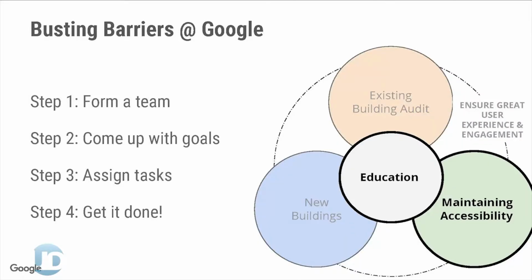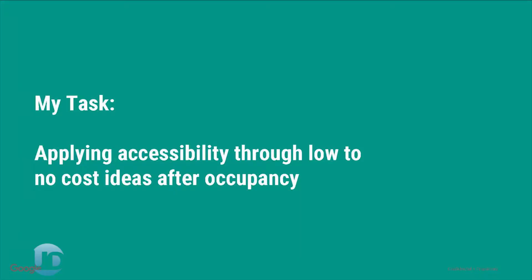And then also education, which draws all of these circles together and makes sure that we get our message out about why it's so important to think about these things. So like I said, my task was really thinking about applying accessibility after people already move into a space through low to hopefully no cost impact, and something that we can make sure lives on as we go through our day-to-day life.